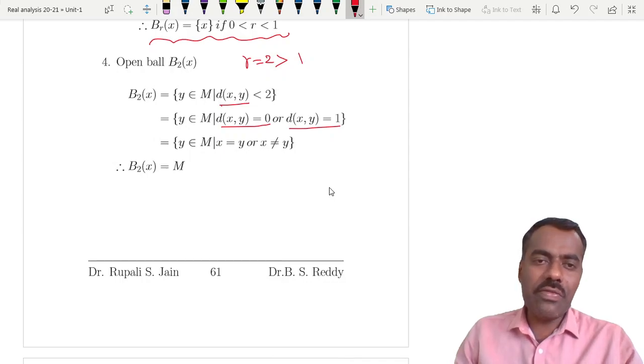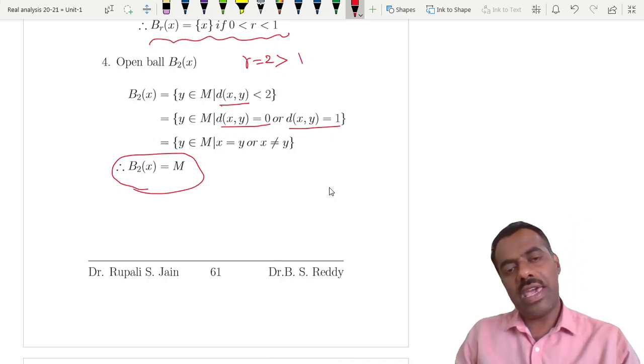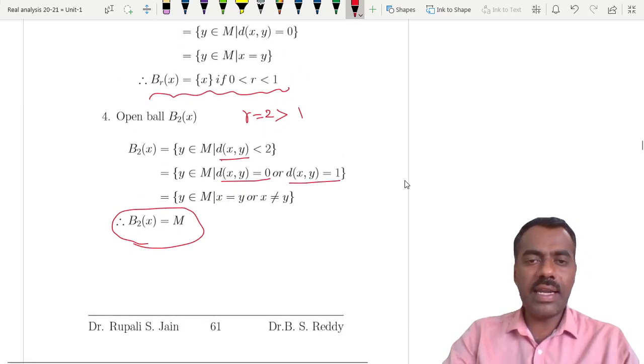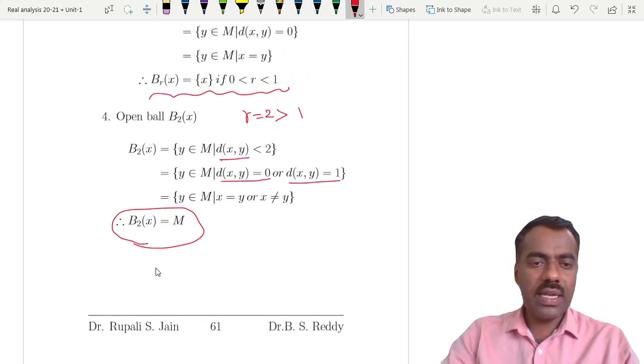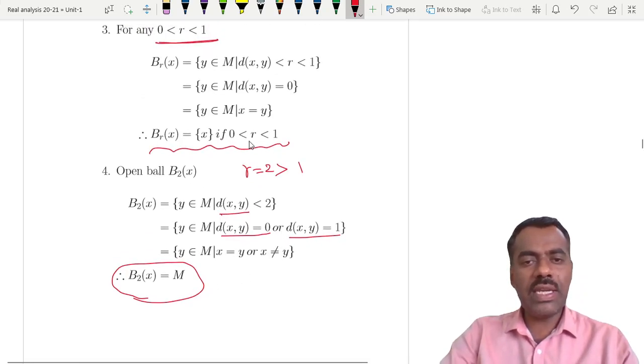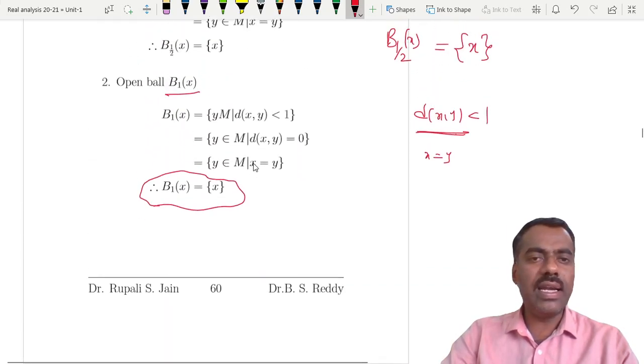That means every element satisfies this. So B(x, 2) is actually the entire metric space. The moment you take radius greater than 1, all open balls are the whole metric space. The moment we take radius less than 1, we get only singletons.